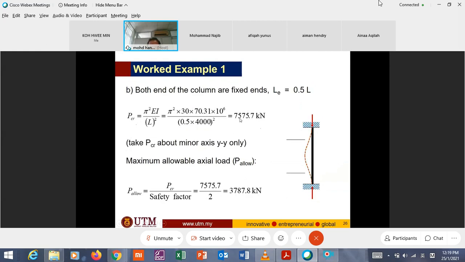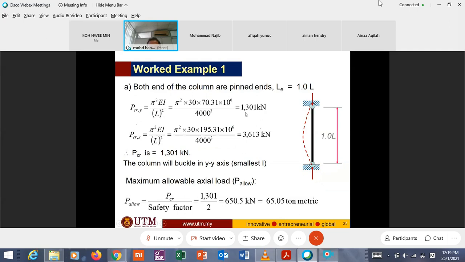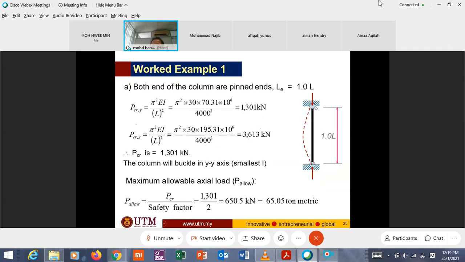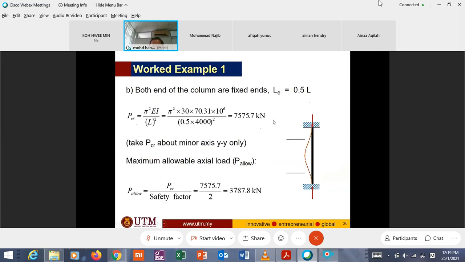Now you have 3737 for the minor axis, which is about 5 times larger. When you change this support from pin to rigid, the critical buckling becomes 5 times larger.